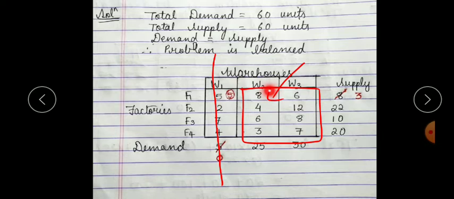Supply here is the new supply, 3, and the new demand in this column is 25. What is the minimum of 3 and 25? It is 3. So you have to allocate 3 here.